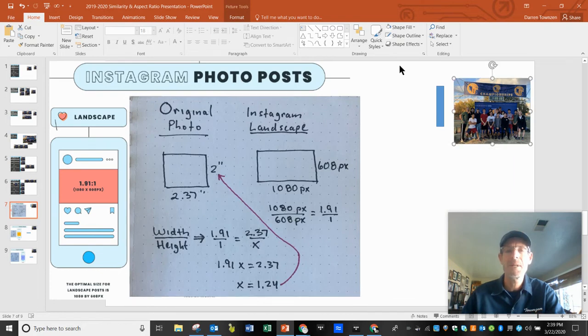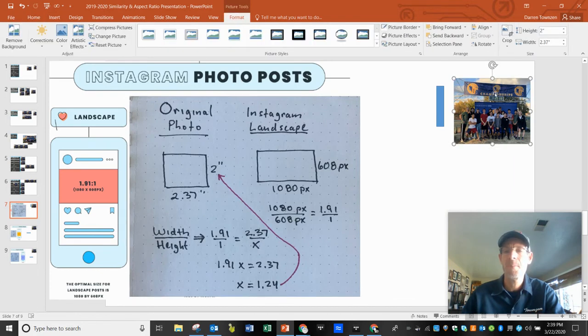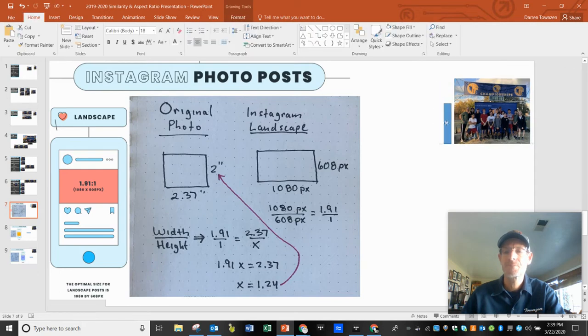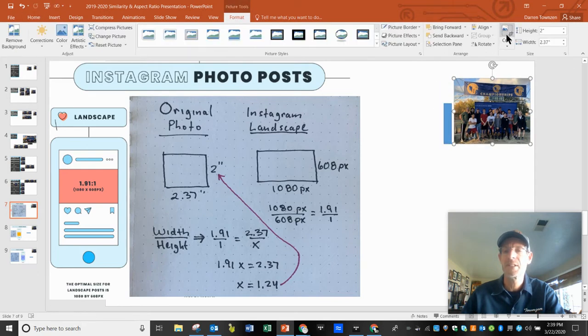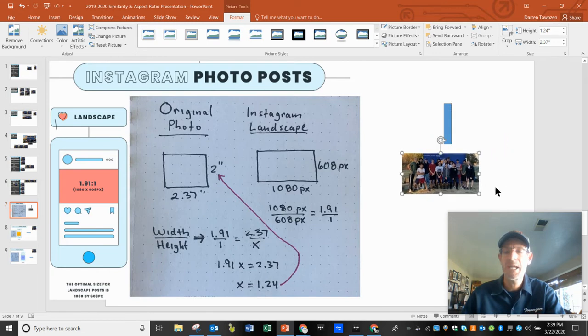So if I take my picture and I crop it to 1.24, this is what it's going to look like. Now it's the right shape, but I've cropped off everything about being at the state championship race.